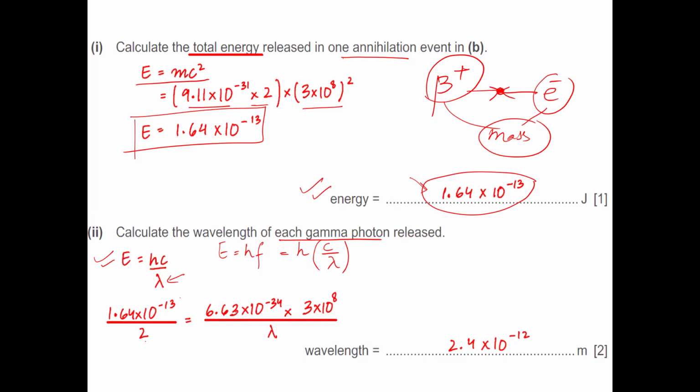Then h is Planck's constant, which is 6.63 times 10 power minus 34. c is the speed of light, 3 times 10 power 8, and lambda is unknown. So we'll make lambda the subject, and we get lambda equals 2.4 times 10 power minus 12 meters. So this is going to be the wavelength of each gamma photon.